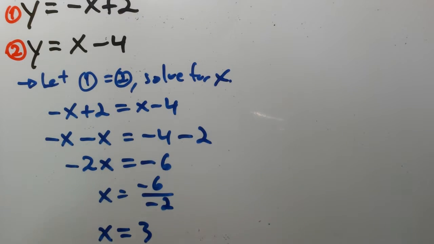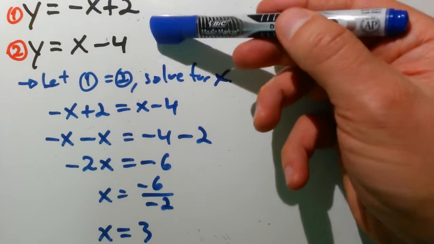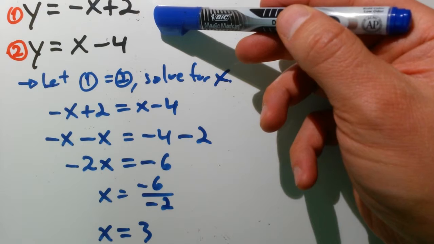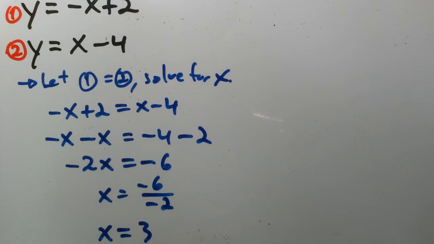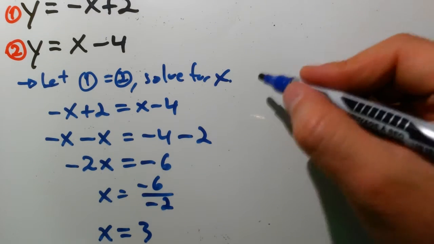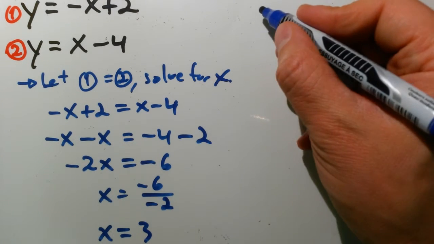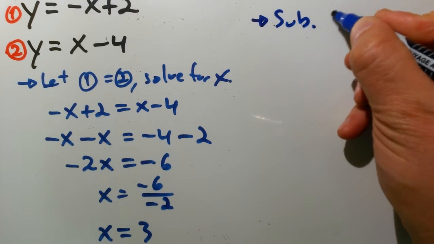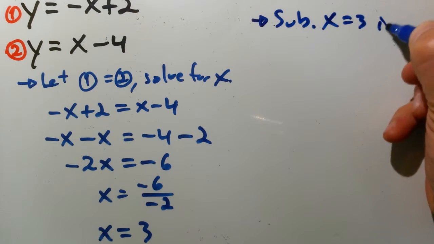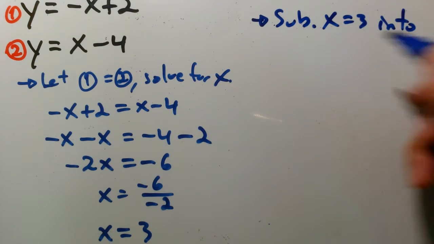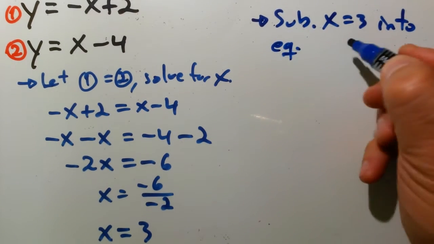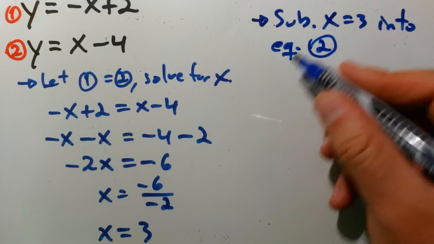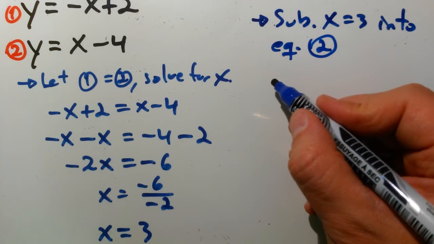Now we're going to use this and substitute it into one of these equations to figure out our y coordinate. I'm going to use equation 2. Let's just describe this for a second. We're going to substitute x equals 3 into equation 2, so let's do that right now.